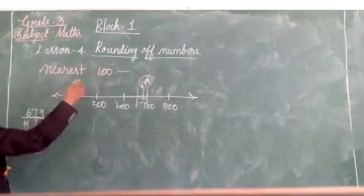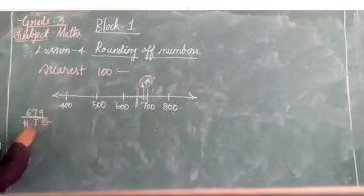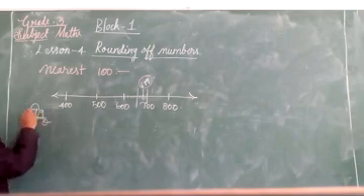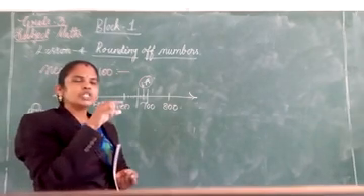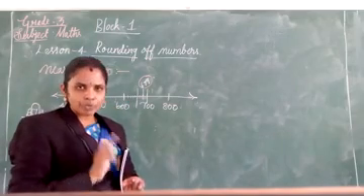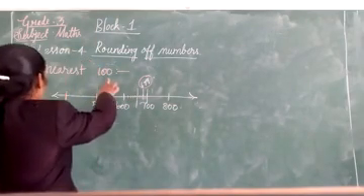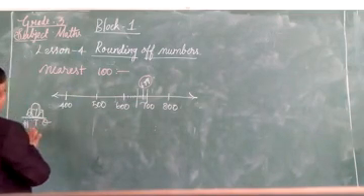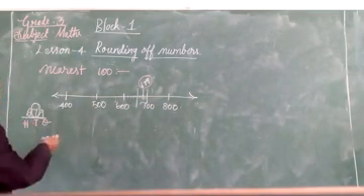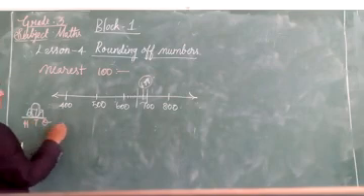For nearest 10, what did we see? We should look at the digit in the place of ones. For the nearest 100, we should look at the digit in the place of tens. So what is the digit there? 6.